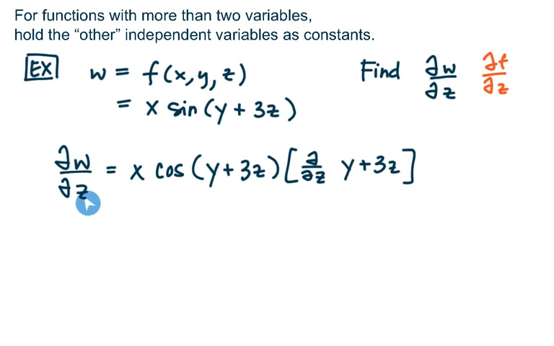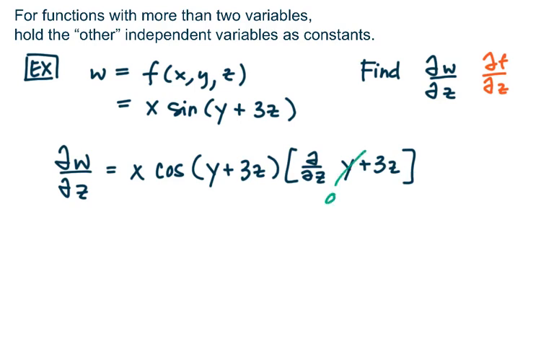So we're differentiating with respect to z. We took the derivative of this, treating x as a constant. The derivative of sine is cosine. The constant would just remain in front. And then we have to take the derivative of the argument using the chain rule. So y is a constant, and the derivative of a constant is 0. The derivative of 3z, since we are differentiating partially with respect to z, is going to give us a 3.